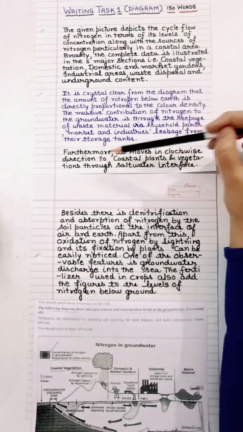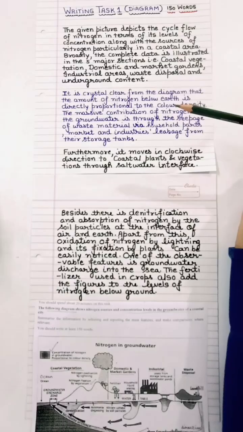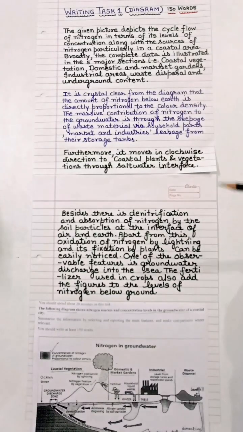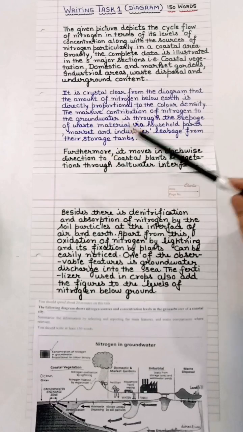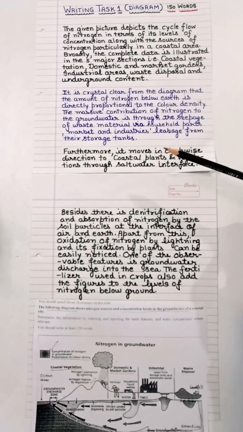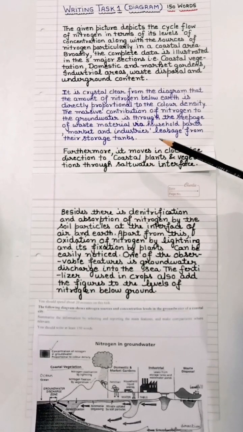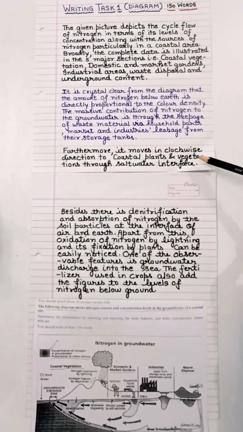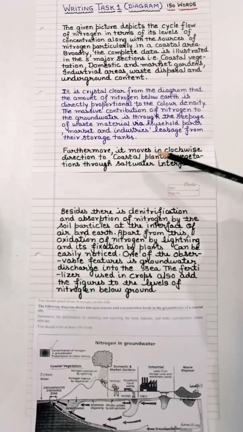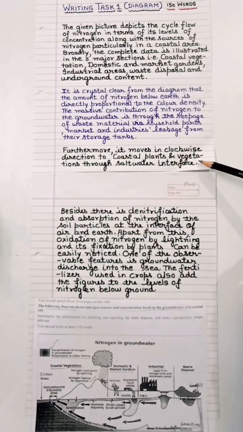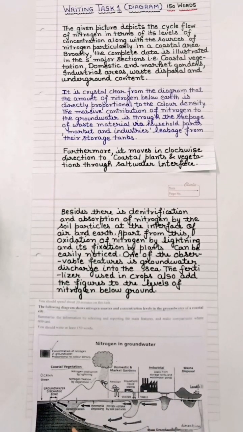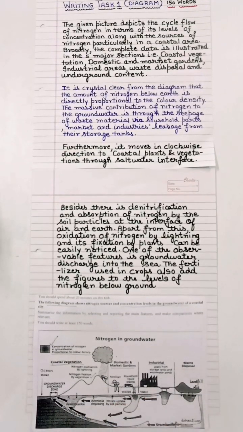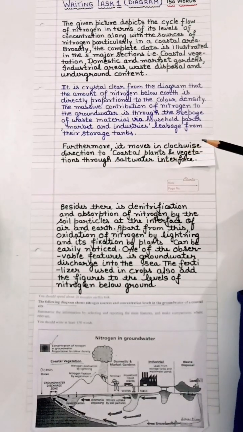And furthermore, the linking words leave a very good impact on the examiner to grab more bands. Furthermore means I'm attaching it, I'm telling something else about it. It moves in clockwise direction to coastal plants and vegetations through what is coming in between. As you can see here, the salt water interface I have marked, so I have to include it.